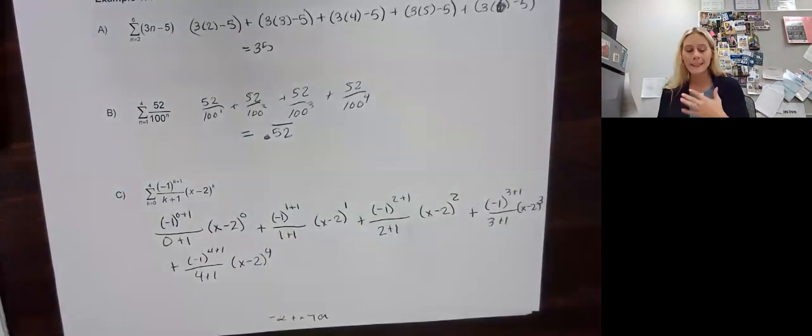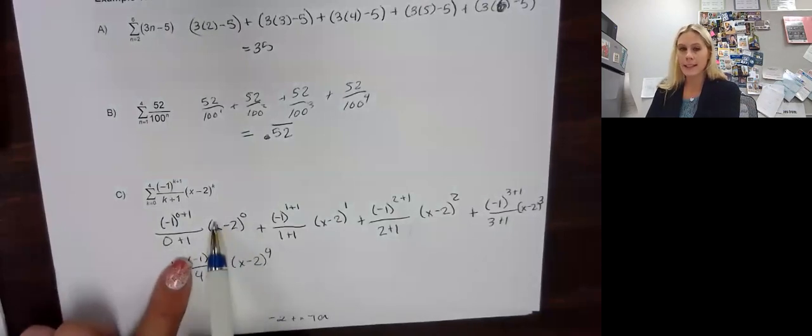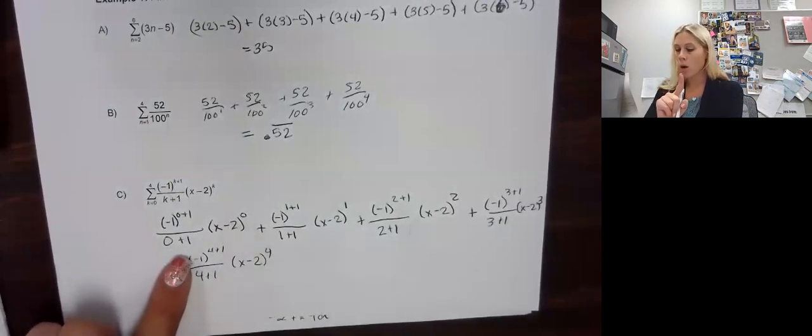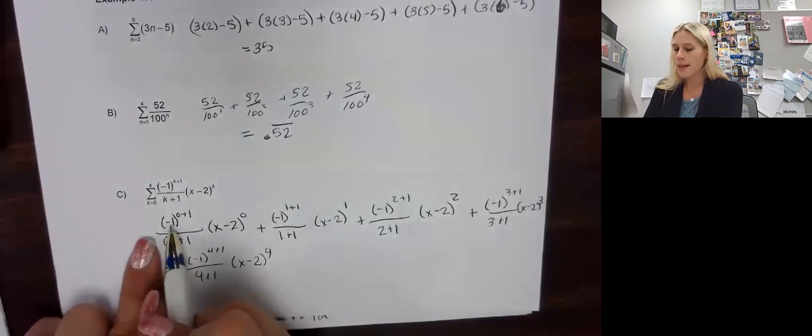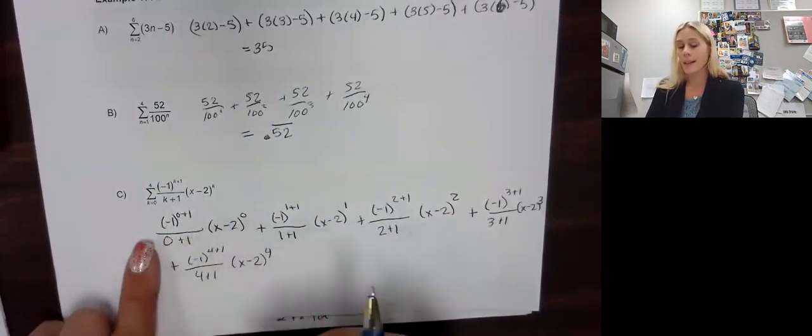Now, yes, we can simplify this, as I said earlier. The great thing about this is anything to the 0 is always 1, but when you look here, negative 1 to the first is negative 1.